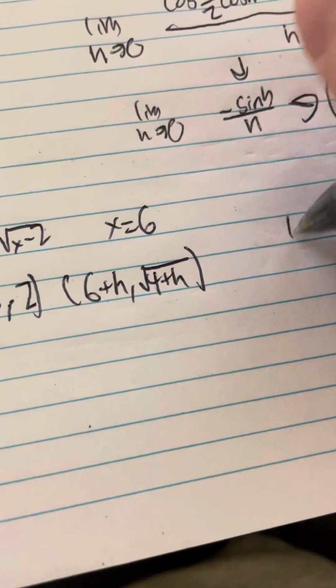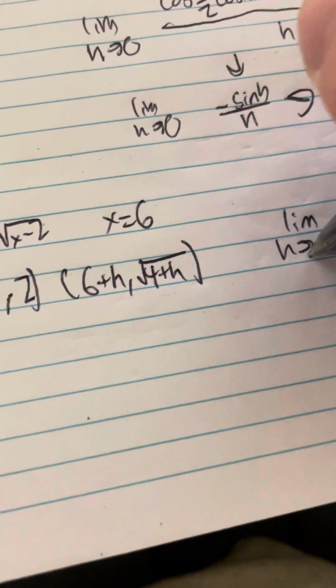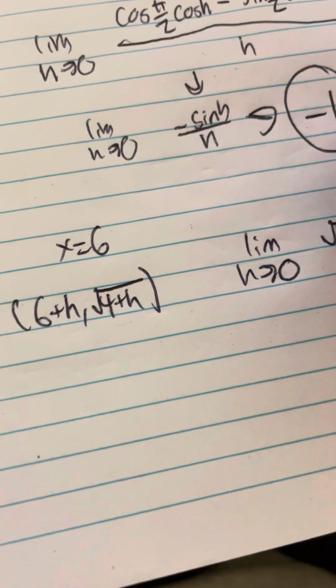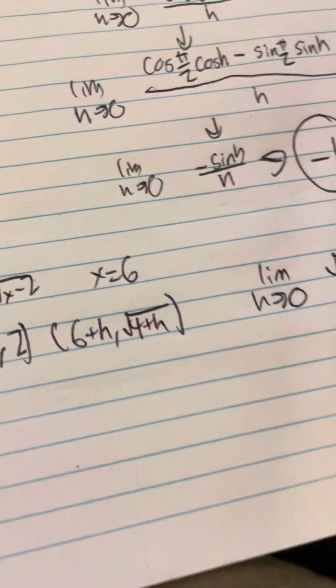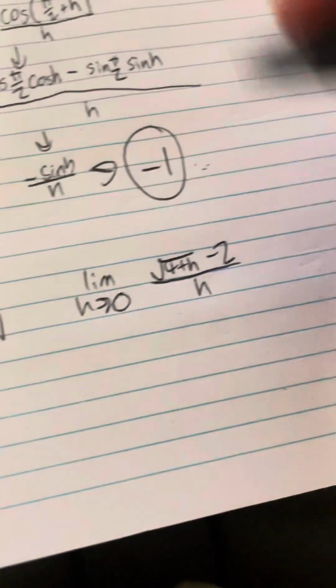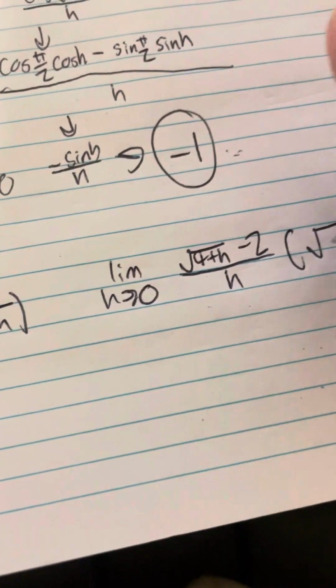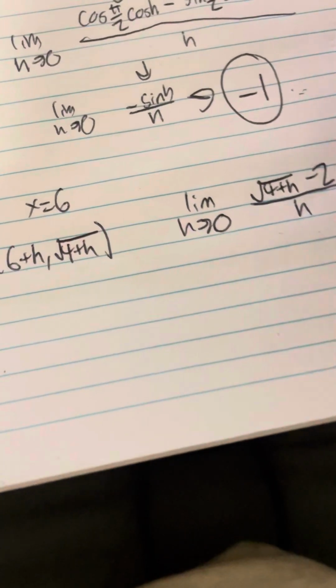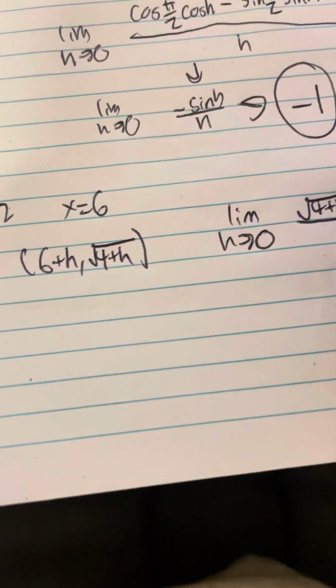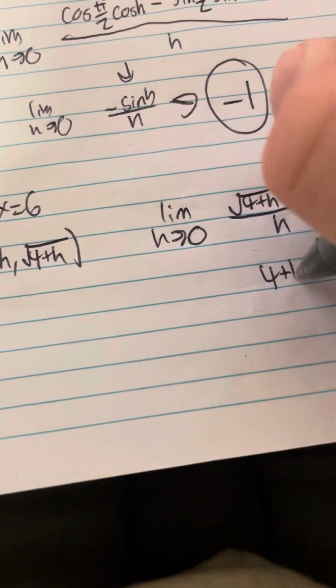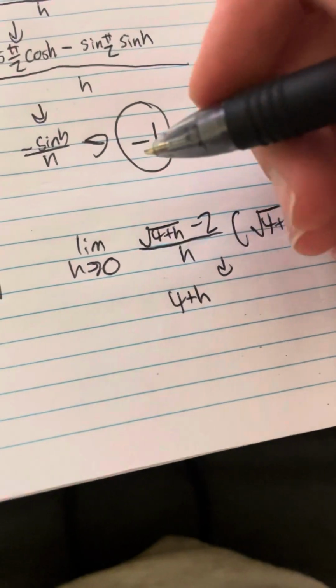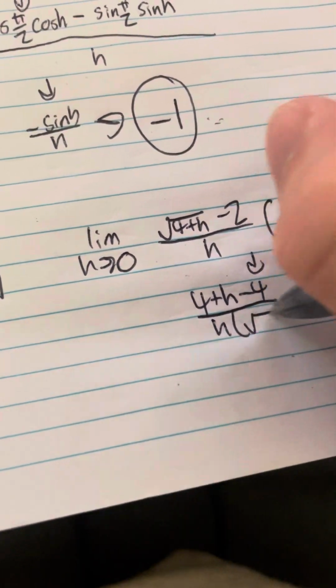So then we set up the slope equation. So we have the square root of 4 plus h minus 2 over h, it will always be h on the bottom. And then we multiply it by the reciprocal, I think that's what this is called, right? And then so we multiply that out, so that'll end up being 4 plus h minus 4 over h, and then we're not going to simplify that yet.